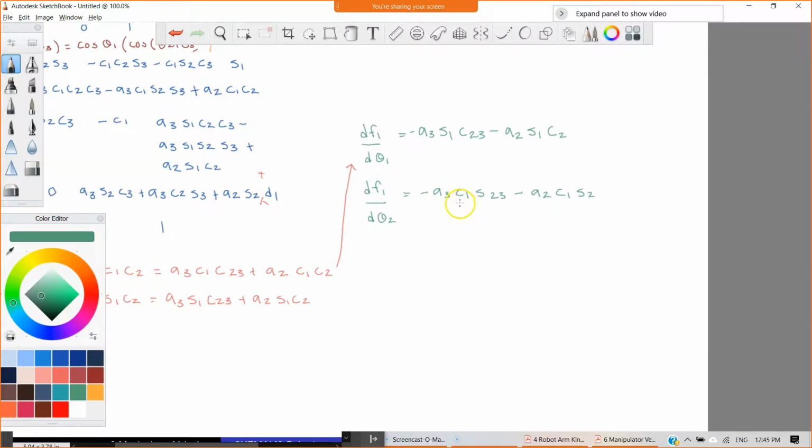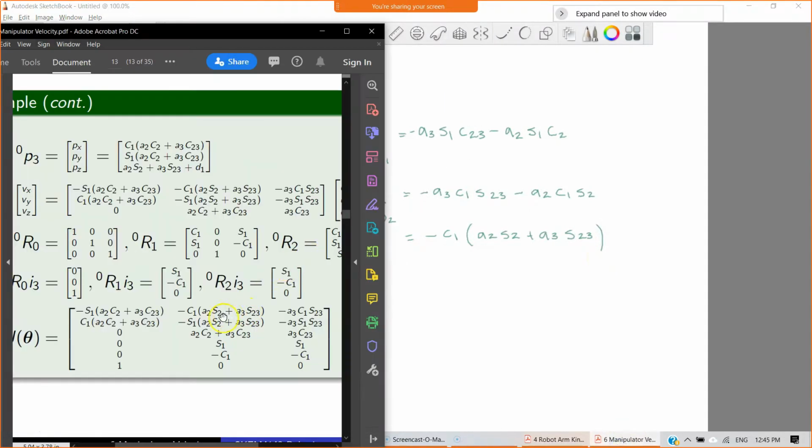If you want to simplify this, like in the notes, you can also do it this way: minus c1 a2 s2 plus a3 s23. Let's check quickly just to make sure we are on the right track. Minus c1 a2 s2 plus a3 s23, right?